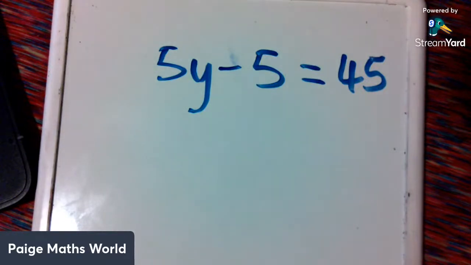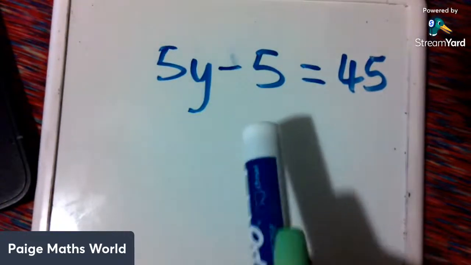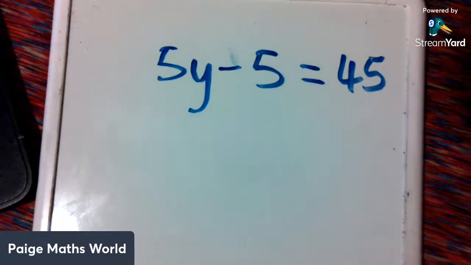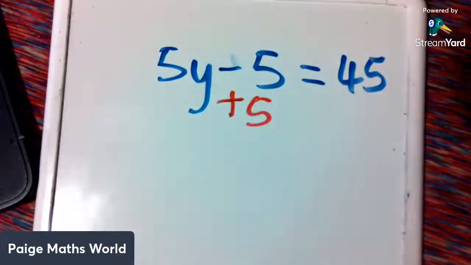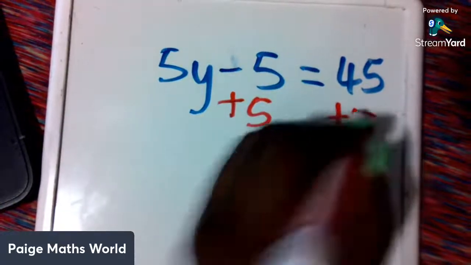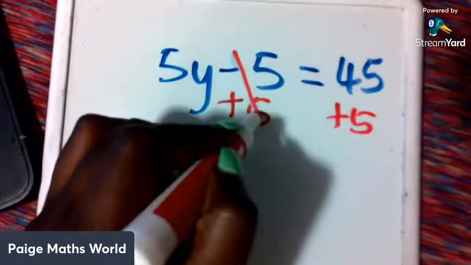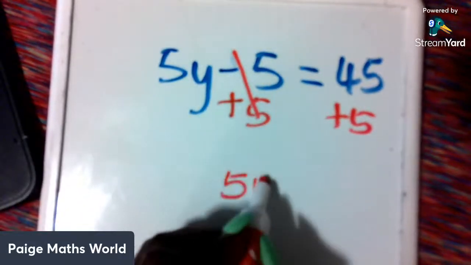All right, it's the same step, Keisha. Because it's a negative 5, sorry, we have to get rid of that negative 5 by adding 5 to both sides, right? Remember, we have to get rid of the bodyguard first. And so negative 5 plus 5, that's gone, that's 0. What is left is 5y.